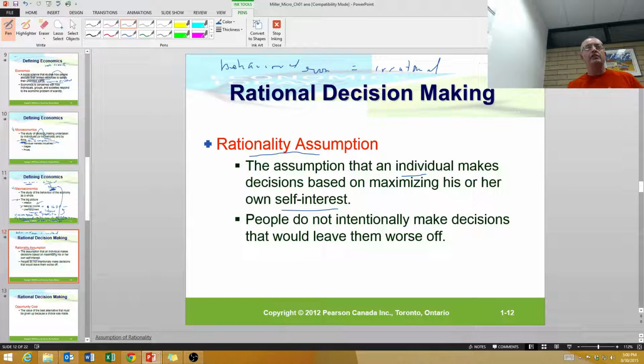But in classical economics, we have this rationality assumption: individual agents know what's in their self-interest and make decisions to serve it. So we do not intentionally make decisions that will leave us worse off. That's the exact opposite of the assumption behavioral economics makes, but it's the assumption in microeconomics.